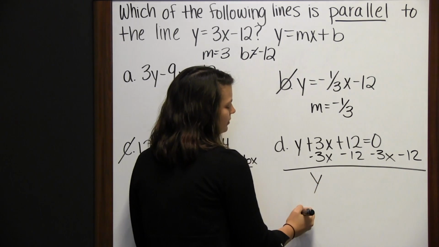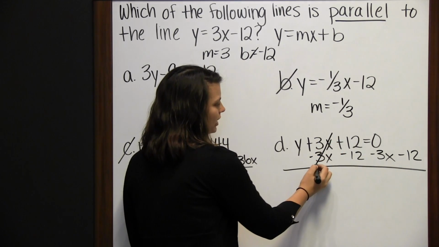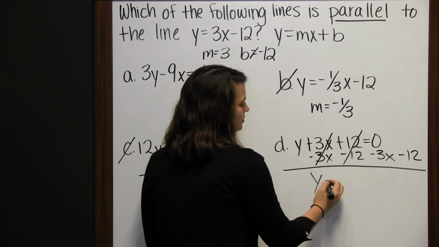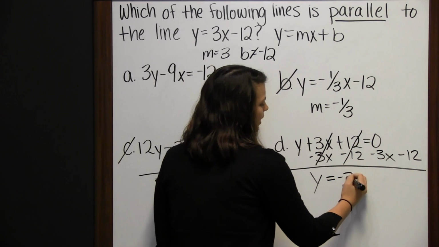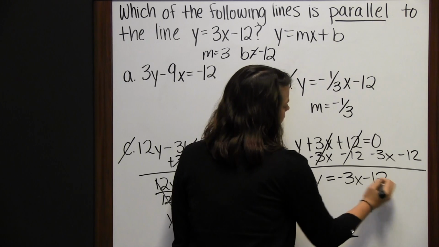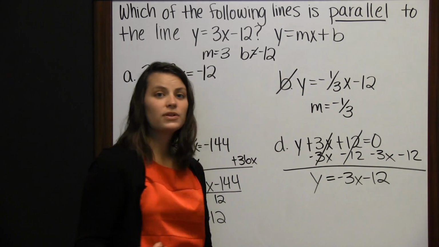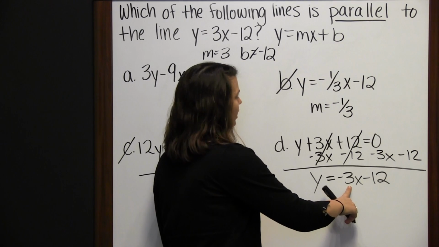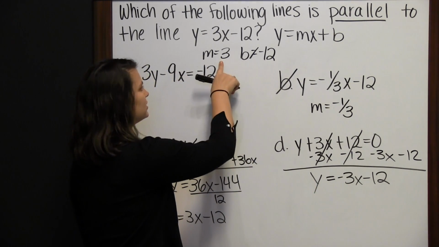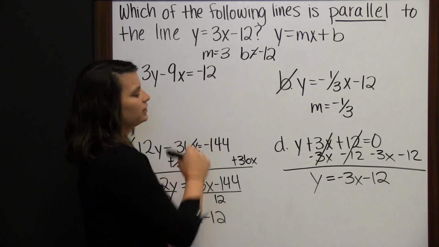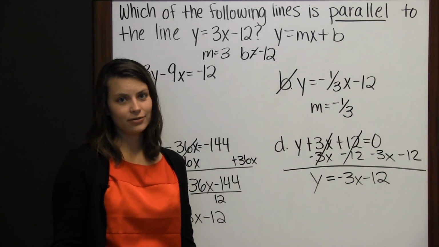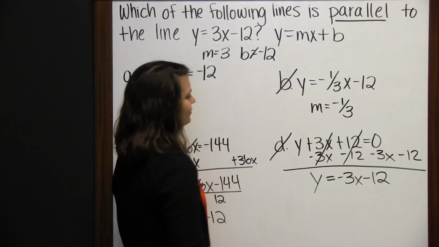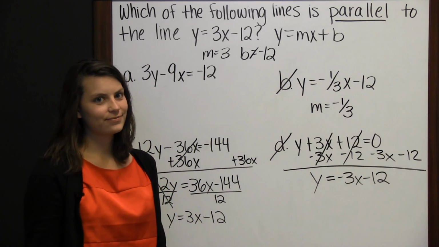So we have y, +3x, -3x cancels, +12, -12 cancels, equals -3x minus 12. So first we look at our slopes. The slope of this line is -3, which is not the same as the slope of our line, which means they're not parallel. So it doesn't even matter what our y-intercept is. We know D is not our answer.